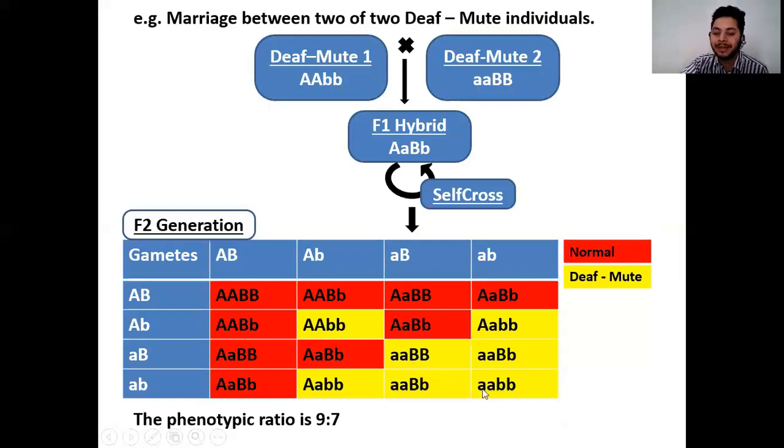So therefore, the individual definitely has to be deaf mute. And therefore, the phenotypic ratio that you obtain in the F2 generation is 9 normal is to 7 deaf mute. So always remember that for complementary genes, the phenotypic ratio you obtain in the F2 generation is always and always going to be 9 is to 7. Remember students, this ratio because it is always asked in your MCQs in the NEET exam.